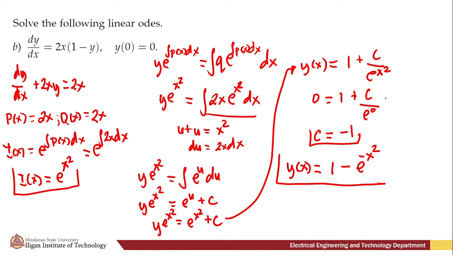So we just put the denominator e raised to x squared to the numerator. And then the value of our c is just equal to negative 1. So y of x equals 1 minus e raised to negative x squared is the solution for the differential equation dy over dx equals 2x times 1 minus y with the initial condition of y of 0 equals 0.